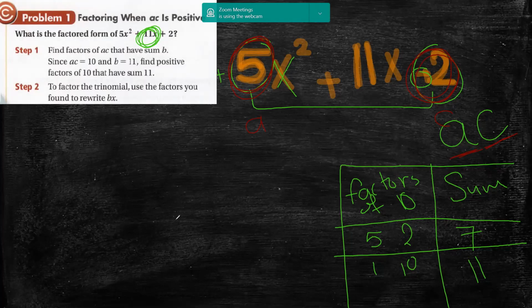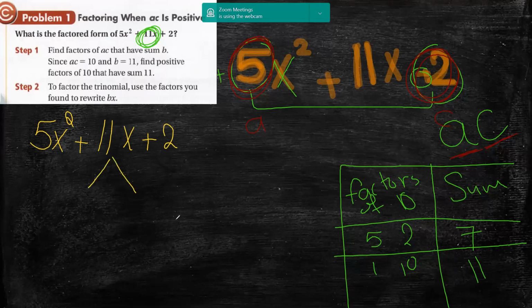Now, then I will rewrite. Here we have other steps. Stay with me one by one. I have now to rewrite 5x squared plus 11x plus 2, but this 11x, I want you now to rewrite it as 1x and 10x. 11x is 10 plus 1.